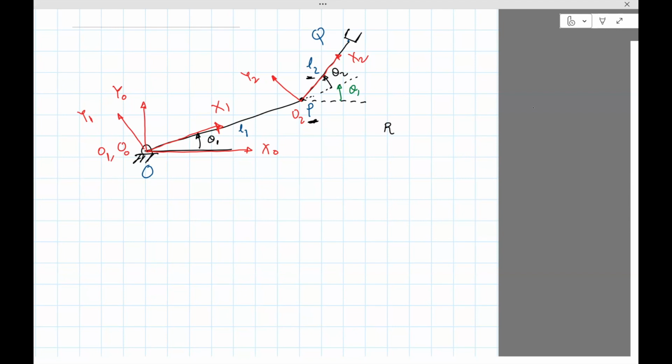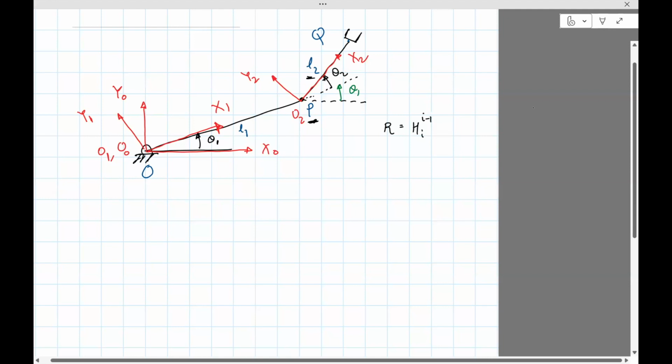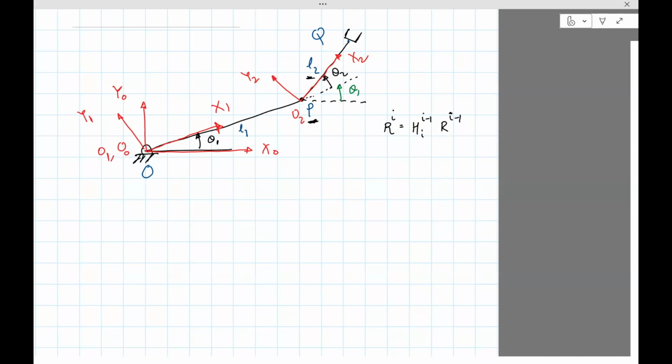Let's call it something else. R0 is the homogeneous matrix from frame I minus 1 to I. I shouldn't use R because that's used for rotations.